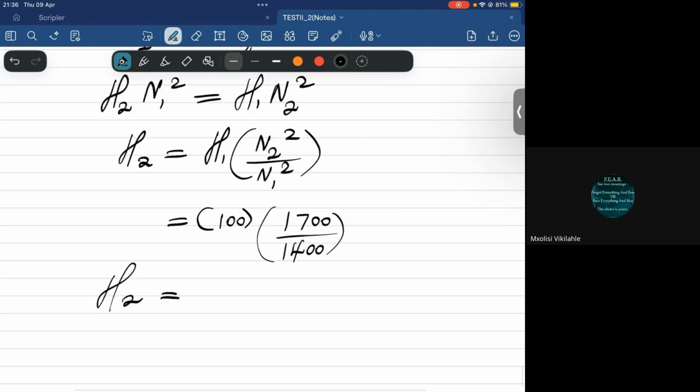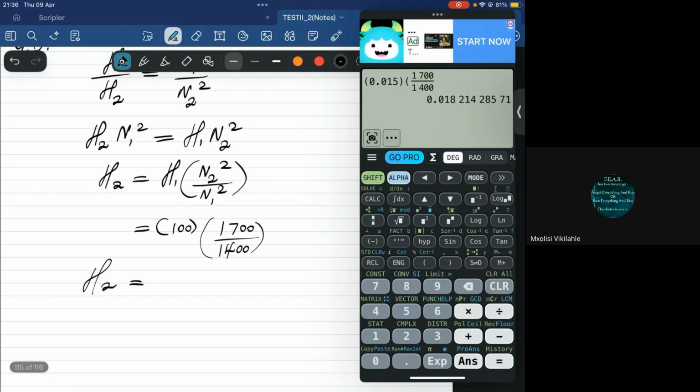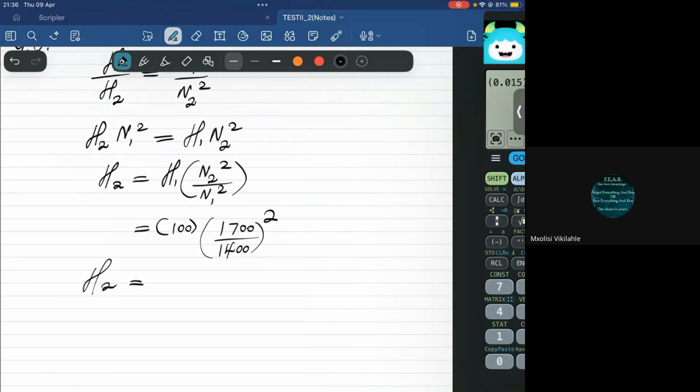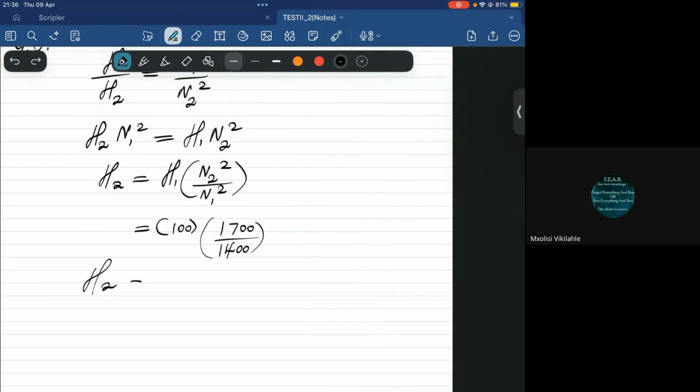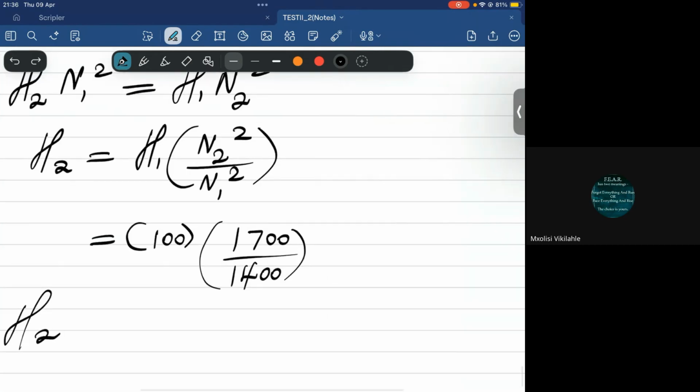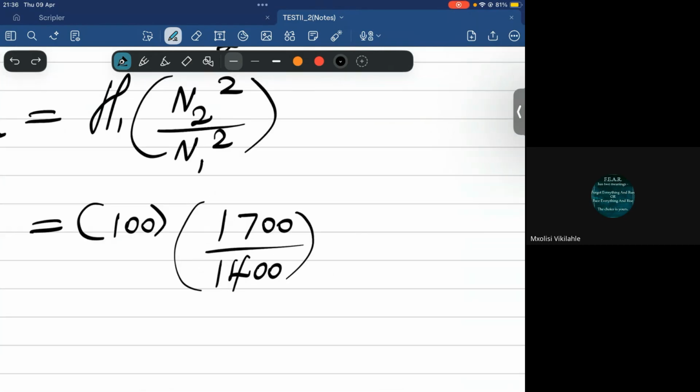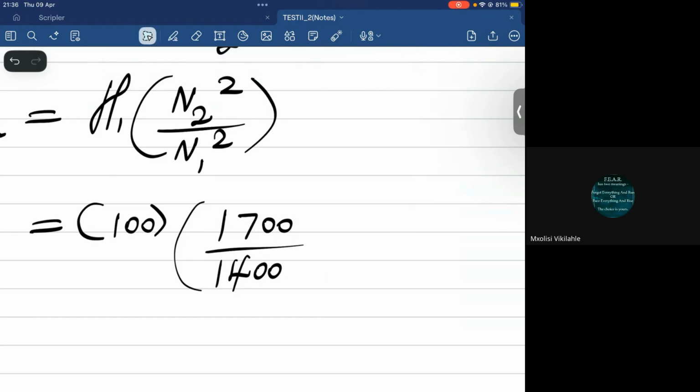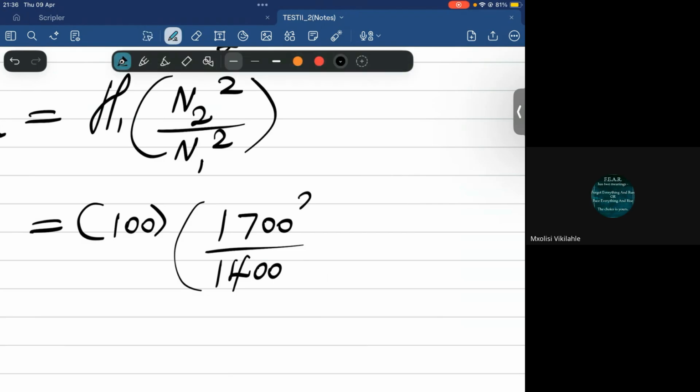This means the new head, squared, I forgot squared. Alternatively, this is the same as 100 times 1,700 squared divided by 1,400 squared.